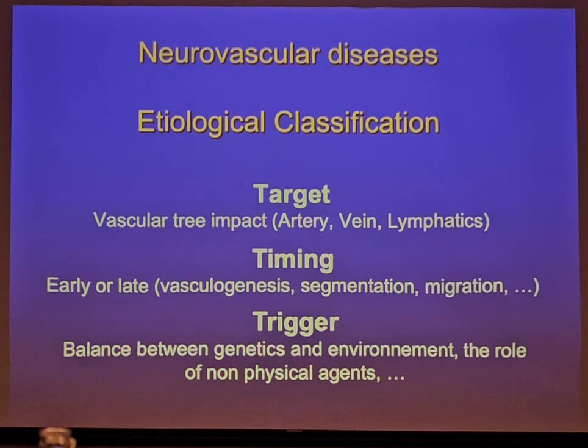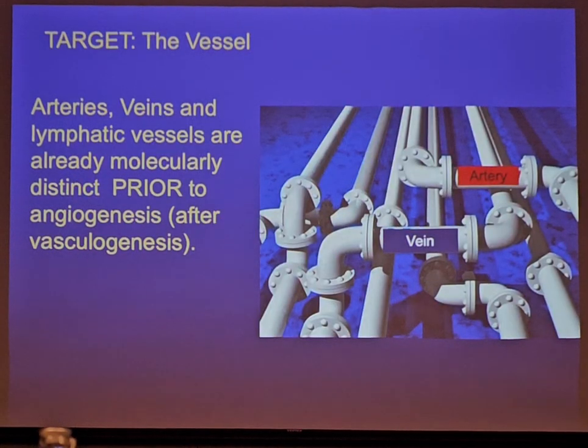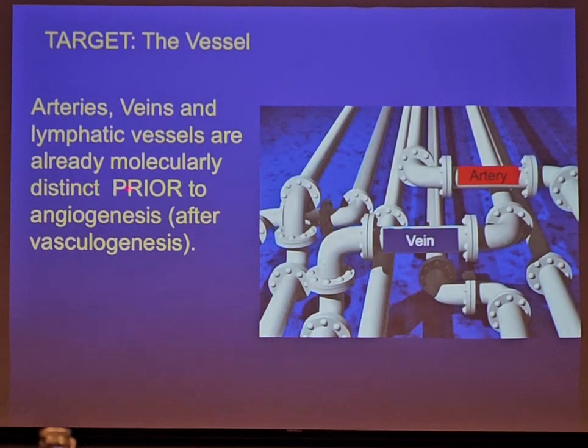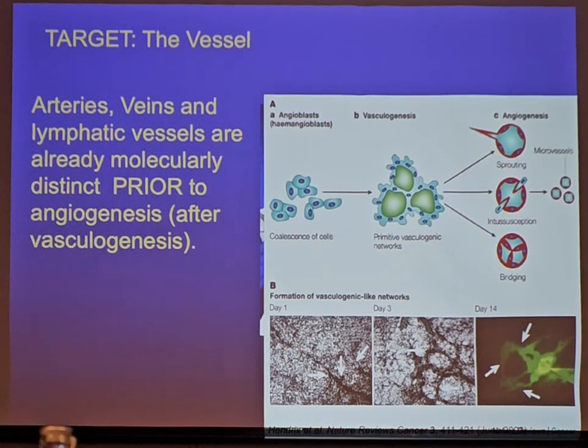The first one is the target. As I have discussed with you, arteries and veins are not just simple pipes. They are molecularly distinct prior to angiogenesis and after vasculogenesis. So a blood vessel will know what it will be very early on. In fact, the angioblasts have not yet a specification, nor does the primitive vasculogenic network.